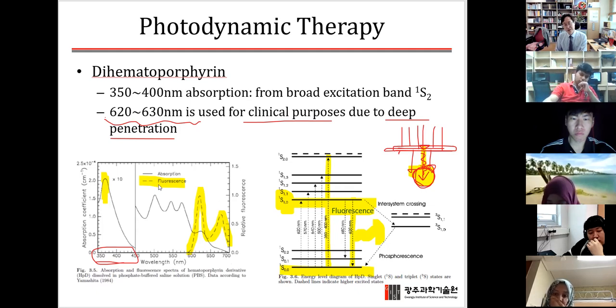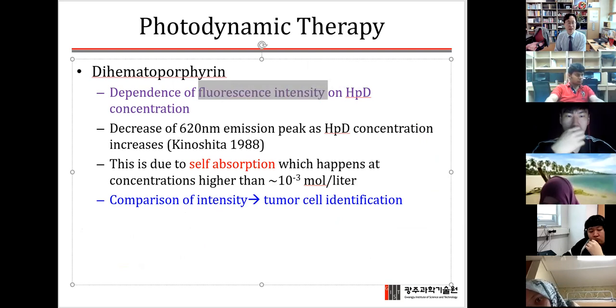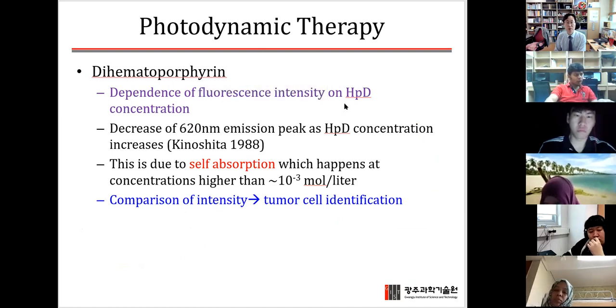And this fluorescence is going to play a role in the detection of the tumor when you are using photodynamic therapy. The fluorescence intensity depends on the concentration of the photosensitizer.